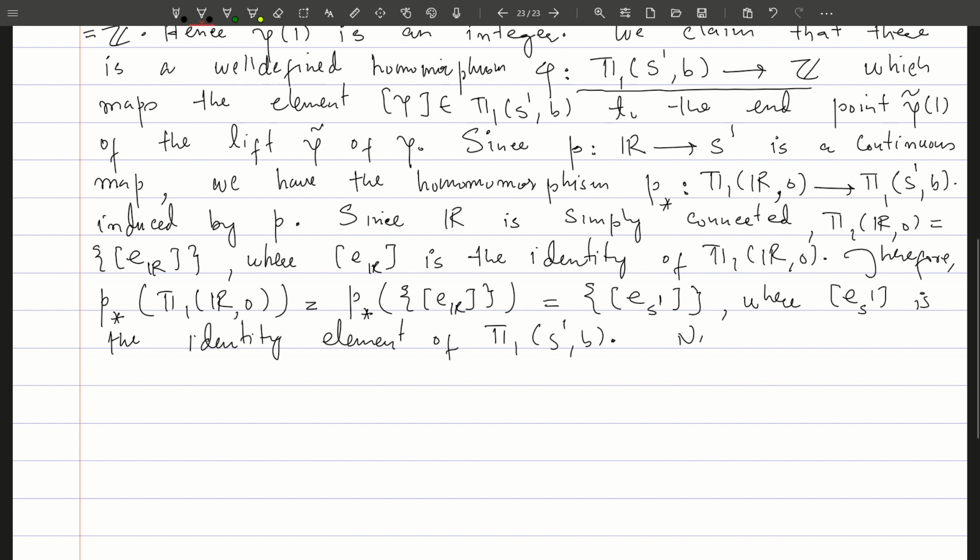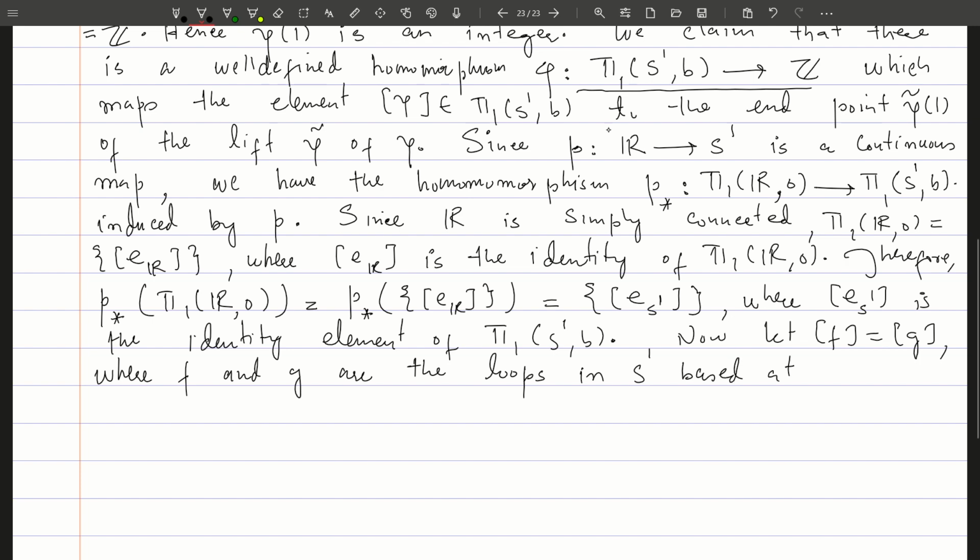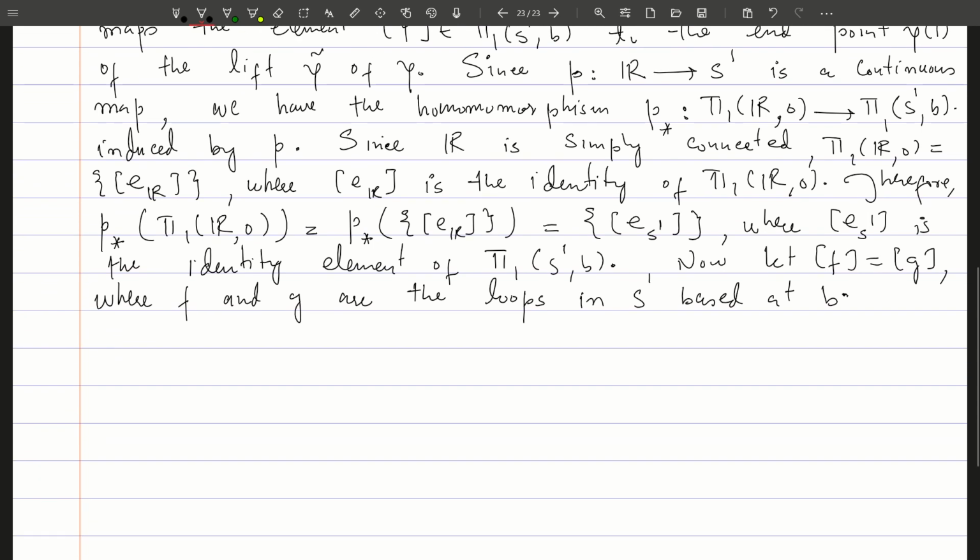Let the homotopy class of F be the same as the homotopy class of G, where F and G are loops in S1 based at the point B. Since they are loops in S1, they must have unique lifts.